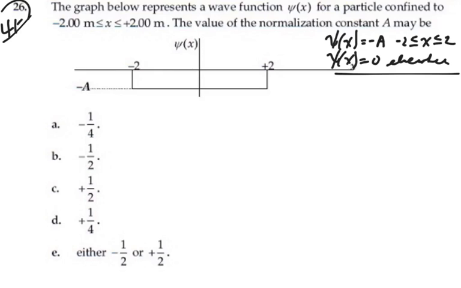Based on this, if we were to normalize this wave function, we would say from -infinity to infinity, the probability of finding our particle somewhere should be equal to 1.